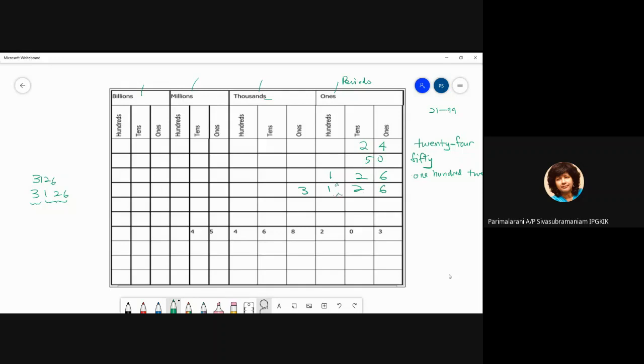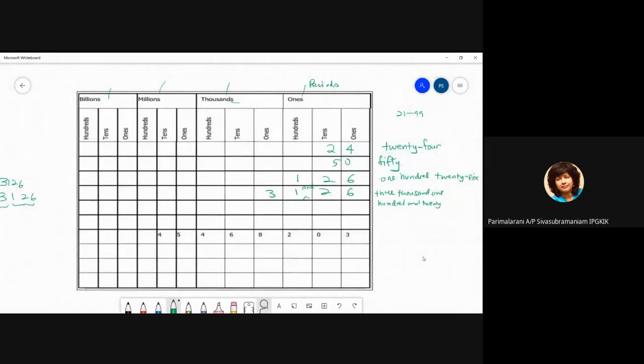We have an 'and' here between the hundred and the tens.